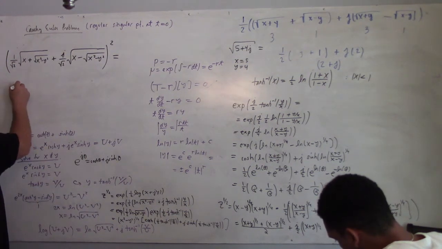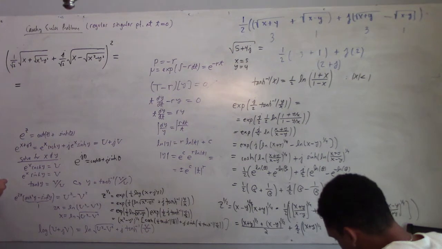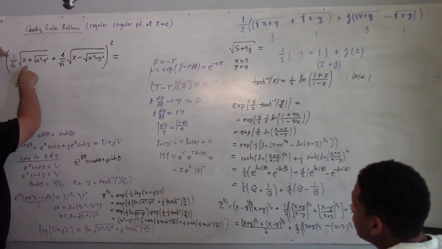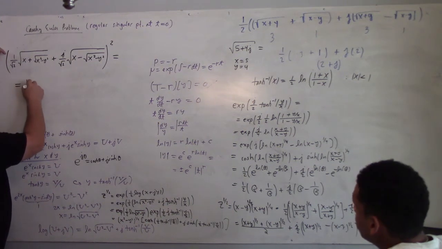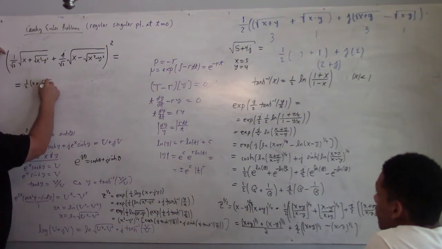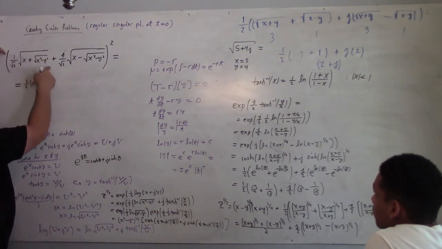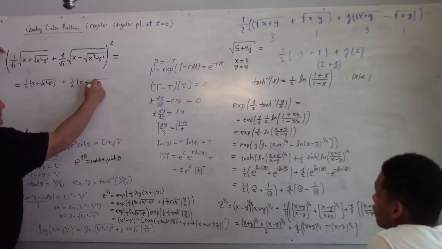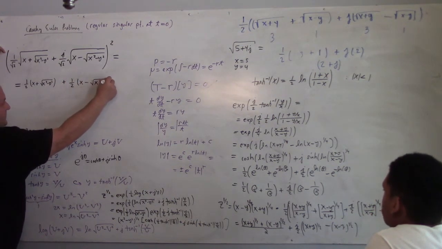If this is right, in general, we should get back x plus jy, right? Yeah. So squaring it gives us 1/2 of x plus the square root of x squared minus y squared for that term. Square of this gives me 1/2 x minus the square root of x squared minus y squared for that term.